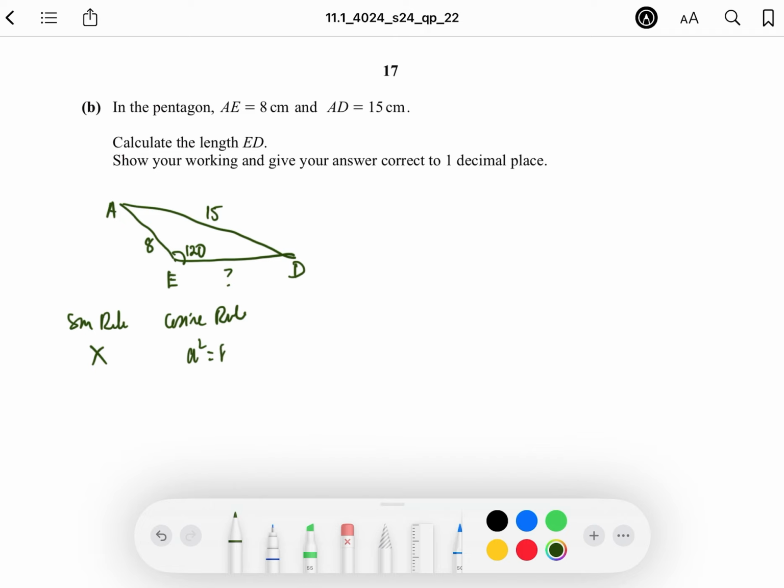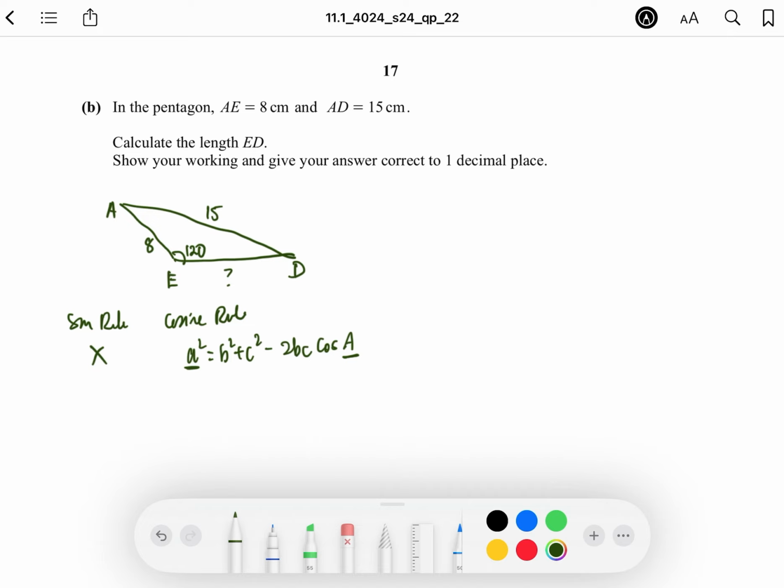A squared is equal to B squared plus C squared minus 2BC cos A. Making sure that this side A and this angle A must correspond to each other.